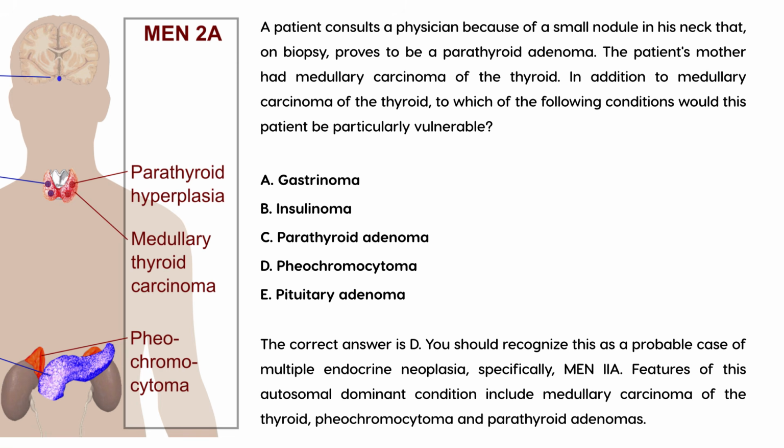Before I get into everything, I want to show you a picture that illustrates the three endocrine glands involved in MEN 2A. The first one is the parathyroid, and there's an arrow pointing to the 4 small parathyroid glands. The second organ, the thyroid gland, is in pretty much the same location.